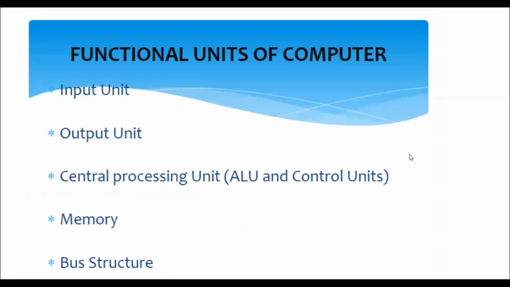Then we have also the functional units of computer. So we have input unit, the output unit, the central processing unit, which has ALU and control units, the arithmetic logic unit, and control units. And then we have memory and bus structure. So those are the main functional units of a computer system.